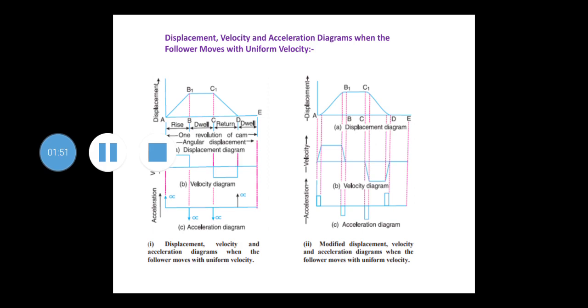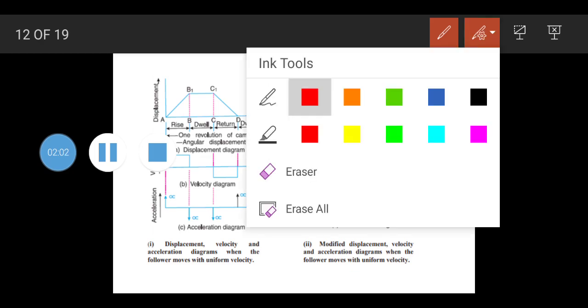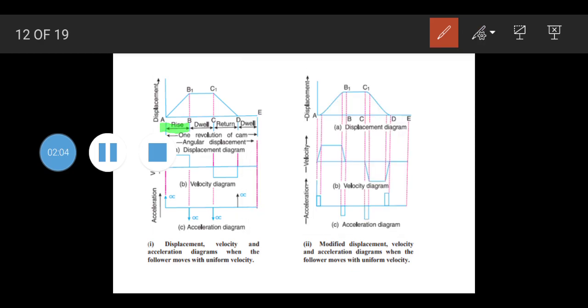Since the follower moves with uniform velocity during its rise and return stroke, we can see this is the rise. Let me highlight this part. So this is the rise, which is the rise movement of the follower, and this is the return stroke of the follower.